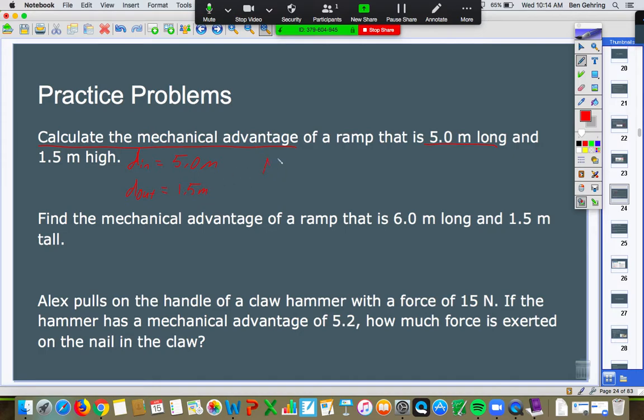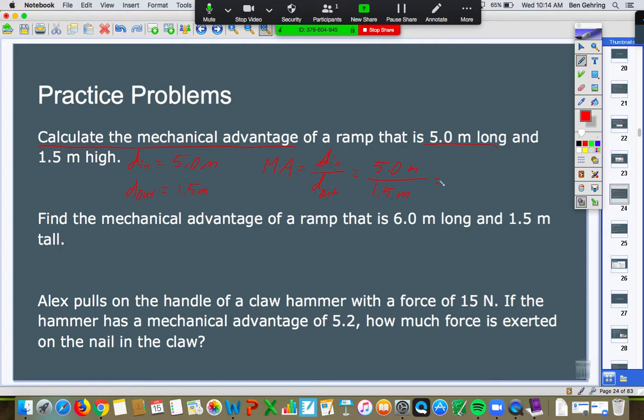Okay, so my mechanical advantage, if you think back, we look at our equations, I can use distance in divided by distance out. So I'm going to take 5.0 meters divided by 1.5 meters.